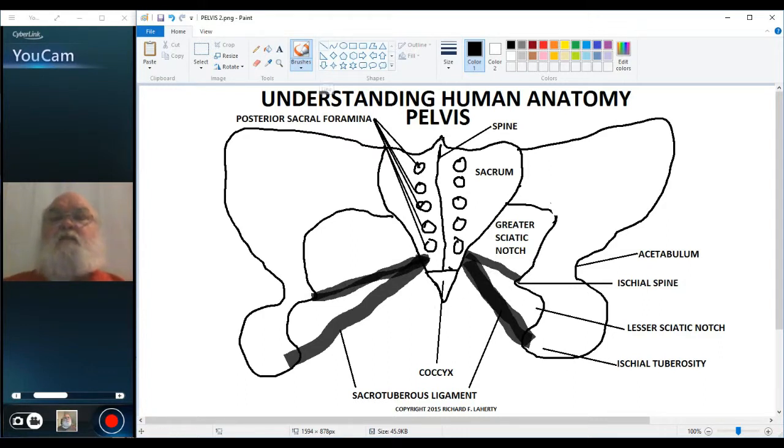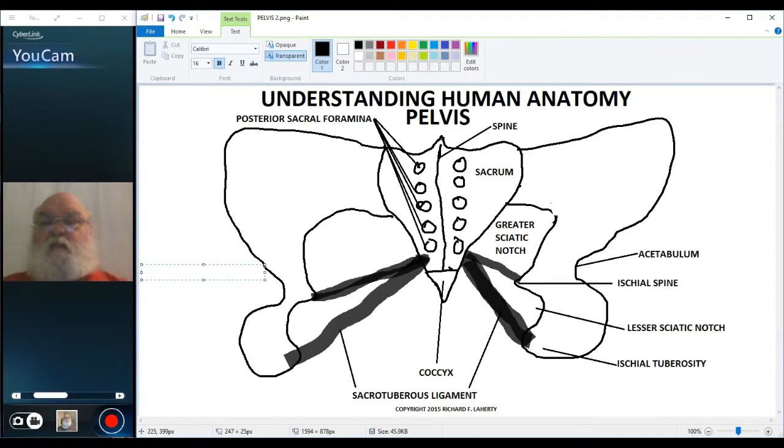And this then is the sacrospinous ligament. The ligament between the sacrum and the ischial spine.